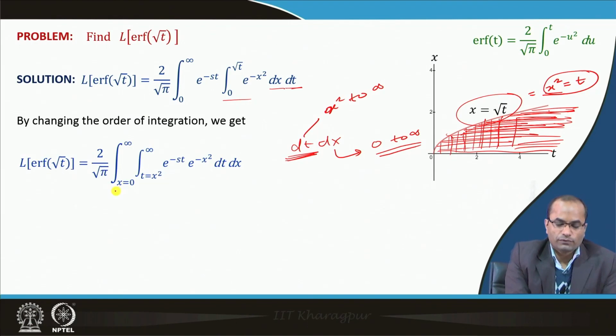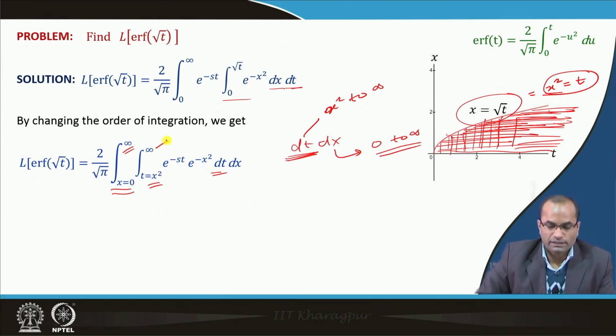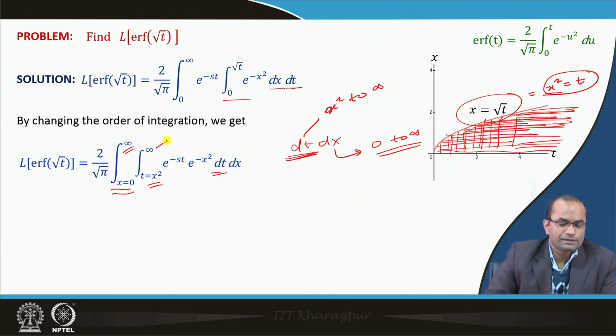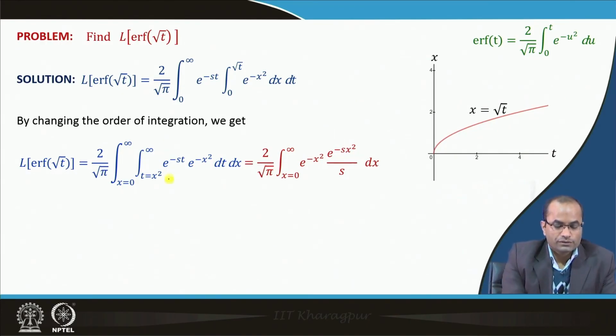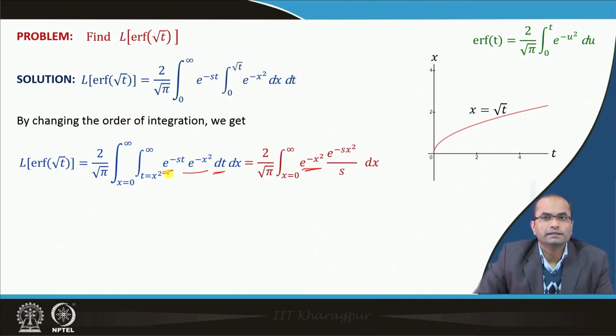So, our integral for x now has limits 0 to infinity, and for the dt part it will be x square to infinity. Having this change of order of integration, what we can now see here is e power minus x square, because with respect to t we can integrate the inner integral easily.